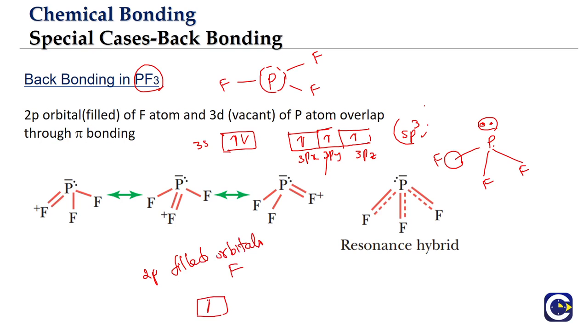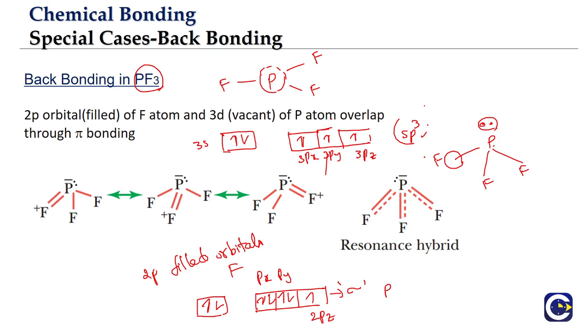Remember fluorine, we already talked about it. It will have a lone pair in the 2s. It will have 2 of these p orbitals filled. The 2pz is the half-filled one that is used for the sigma bonding with the phosphorus in each fluorine. But you see, these px and py orbitals are there, which have lone pairs.